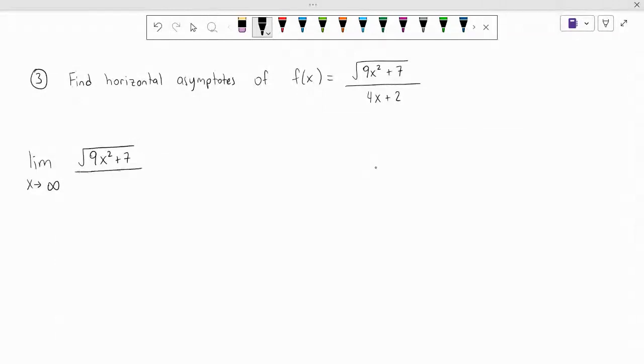Oh, you know what? It might be better if, okay, let me change my problem ever so slightly real quick. It's not a big deal, but I get something extra that I can show you guys if I put this root in the denominator actually. So let's do it like that.